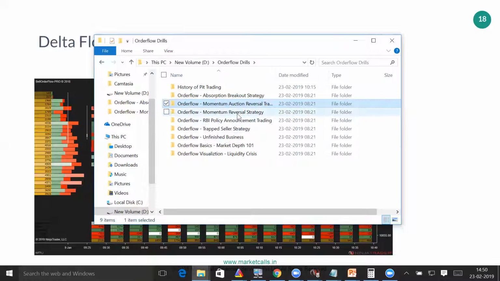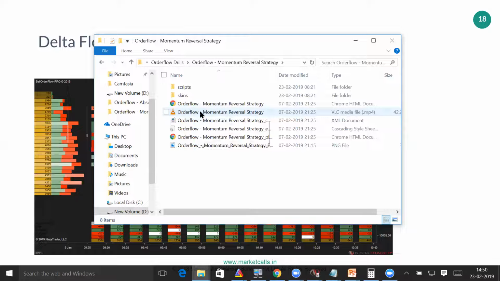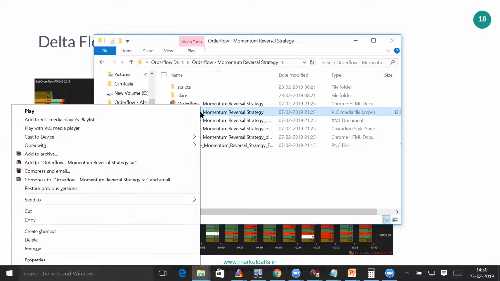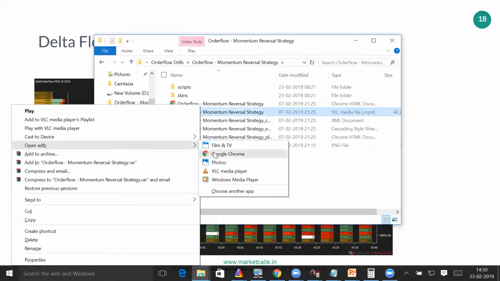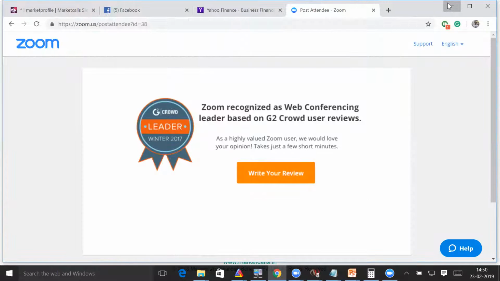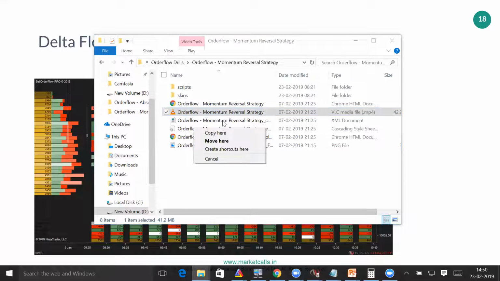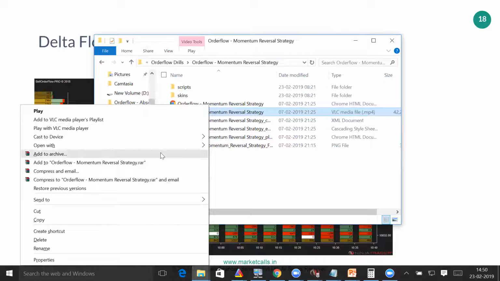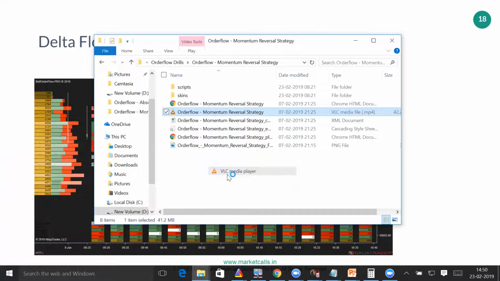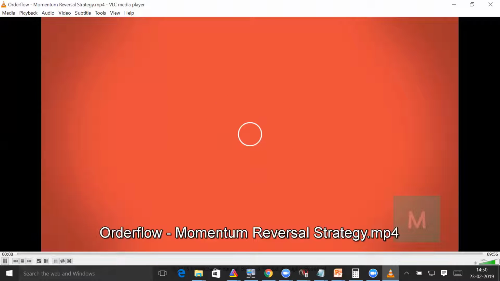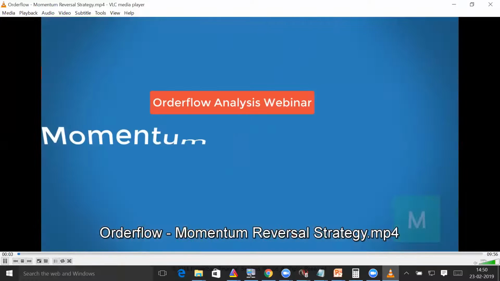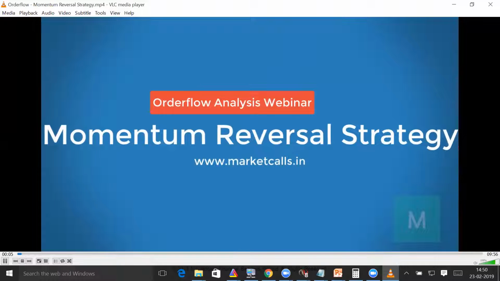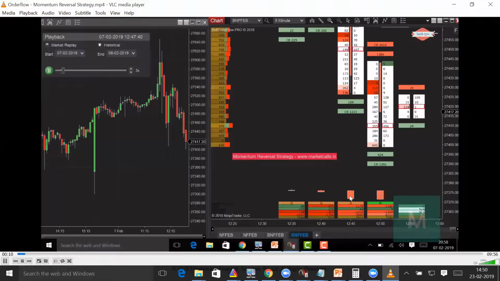So this is one of the examples for a momentum auction reversal strategy.